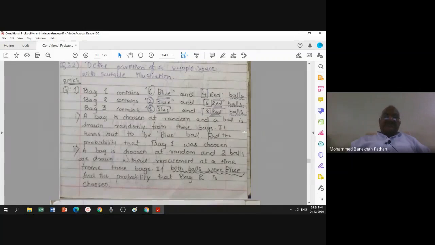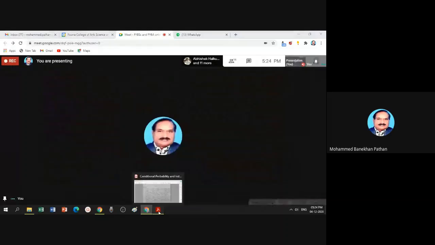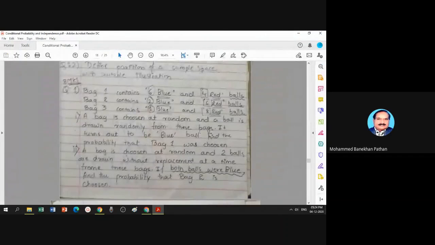In the first stage, we select the partition, and at the second stage, we select the item from that partition. So a two-stage experiment is a clue to apply Bayes theorem. We'll try to understand today the application of Bayes theorem with some examples.